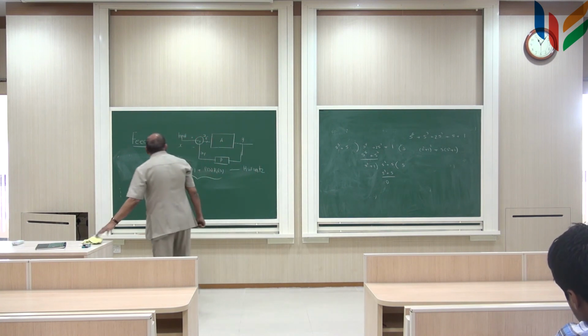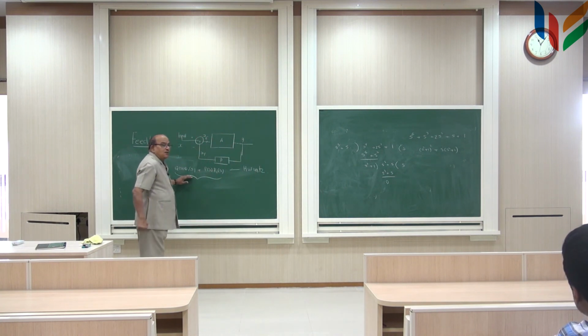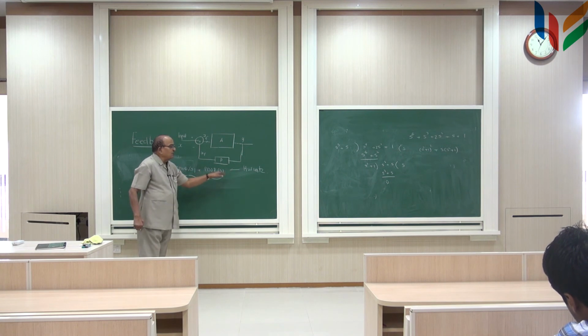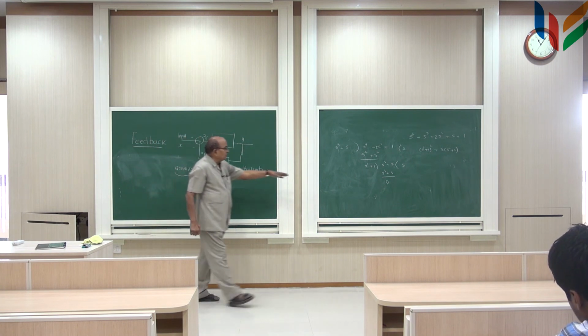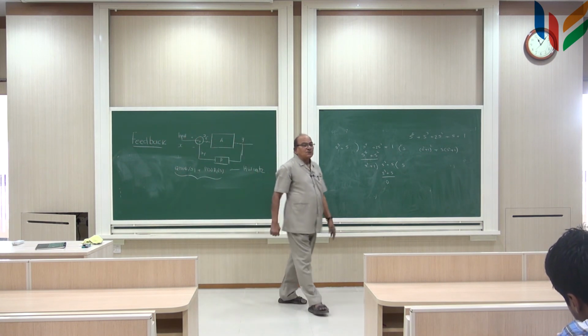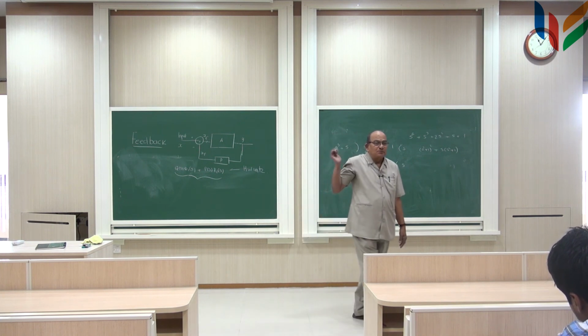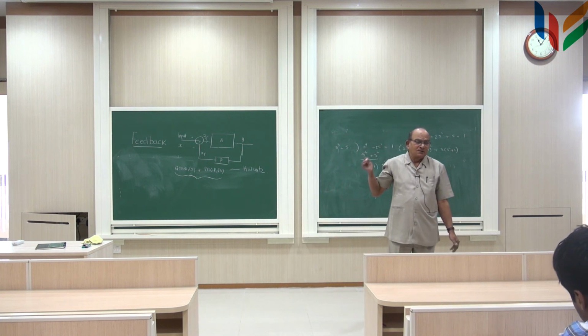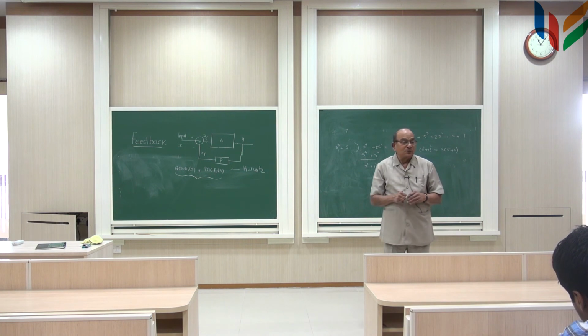A network theorist will test whether a given polynomial obtained by this feedback connection is Hurwitz by using a simple test like this, because this is a test which was found by network theory people.